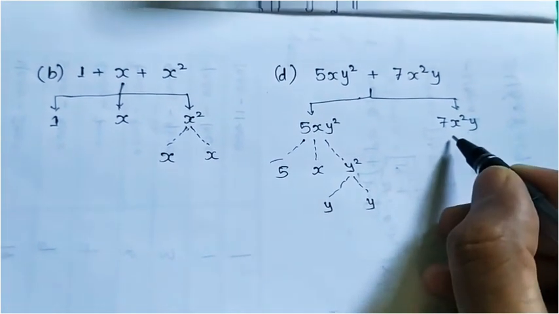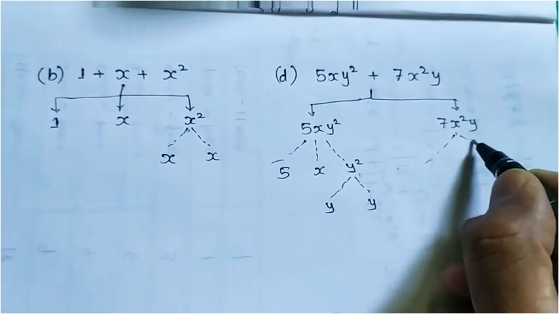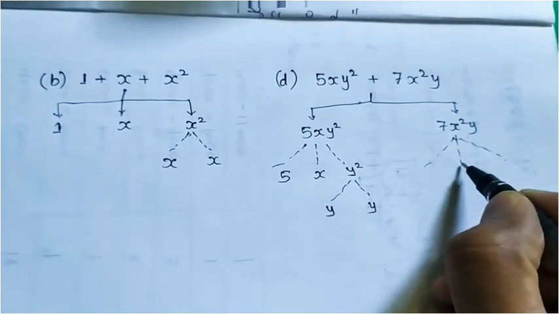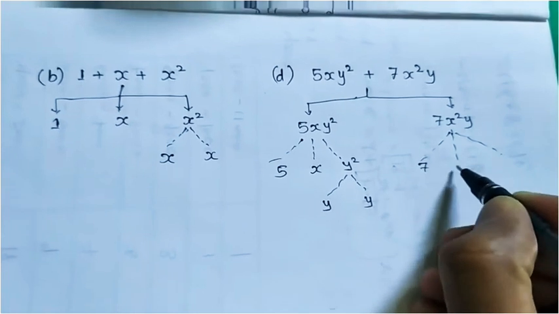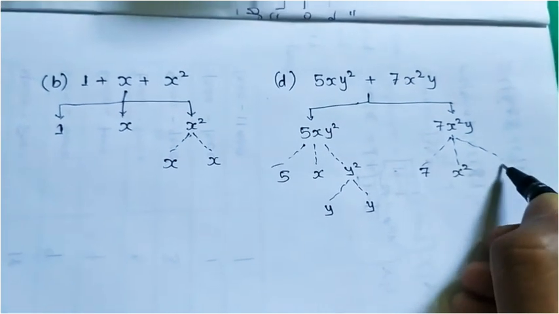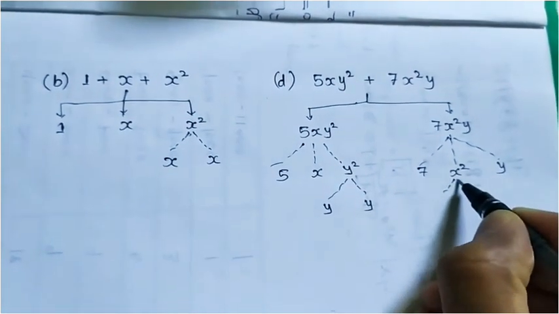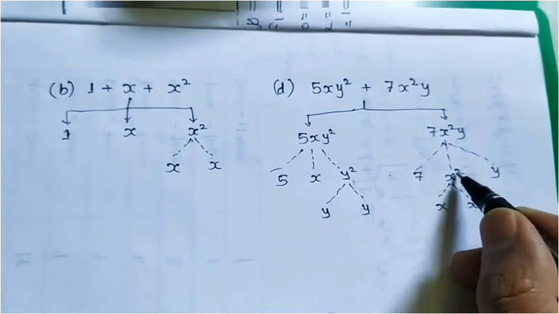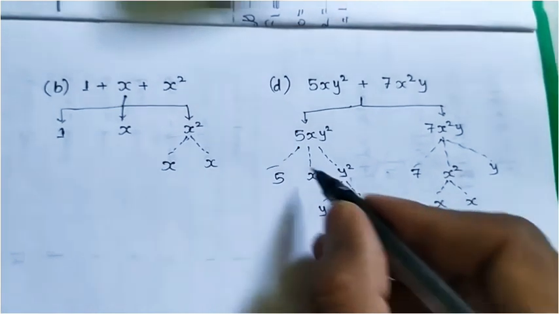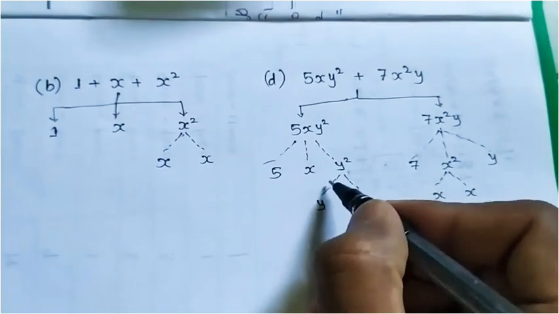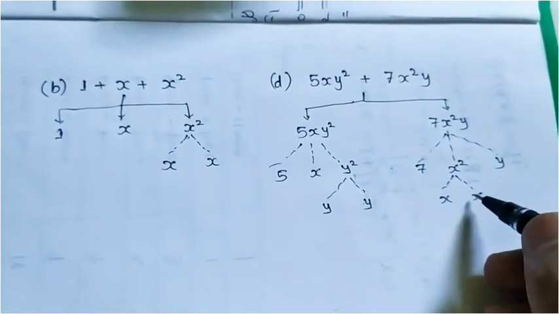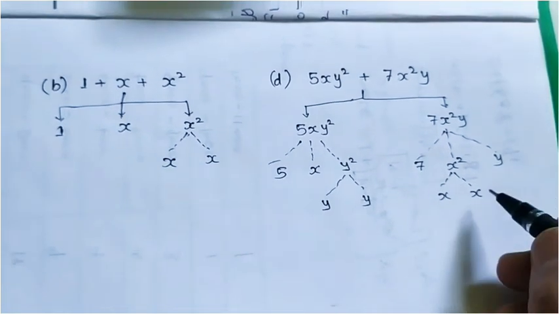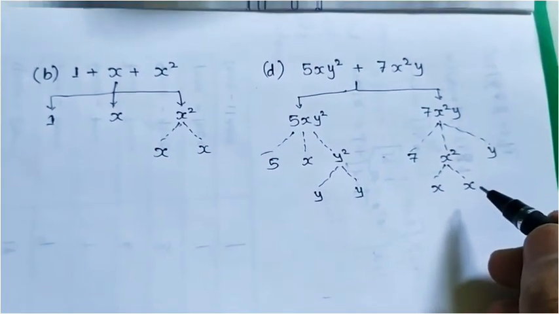And for the second term, 7, x square and y, again you can classify x square into x into x, or else make it a 4th factor here. Both are the same. Next, E is for your practice.